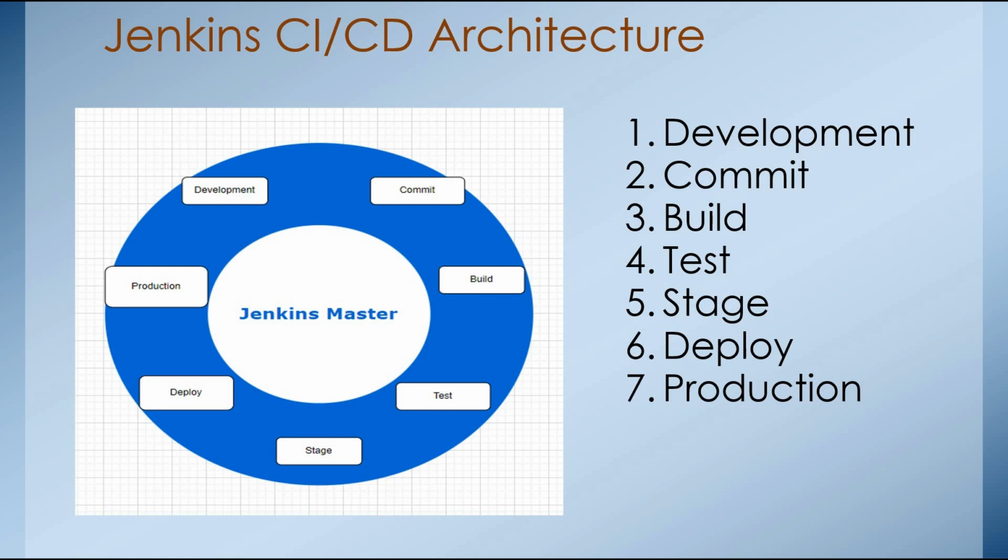First, development. The developer will develop the new feature. After completing the code for the new feature, the developer will commit the code. If the developer is using Git, there is an auto build feature in Git, so once you have committed the code, it will automatically build.